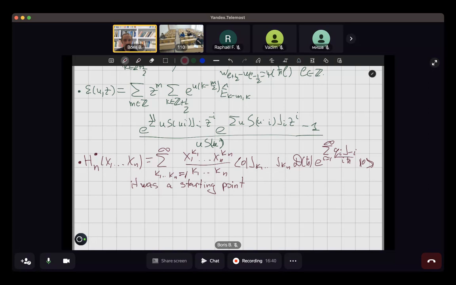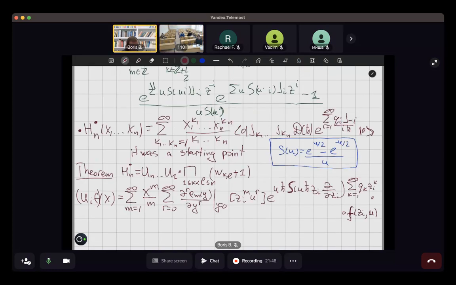Okay. What is phi here? Did we define it last time? Let me check. But we can repeat it. Yes, we defined it, so let me redefine it again. You see, this q is a variable from the second Schur function in the definition of this h of our Hurwitz numbers.